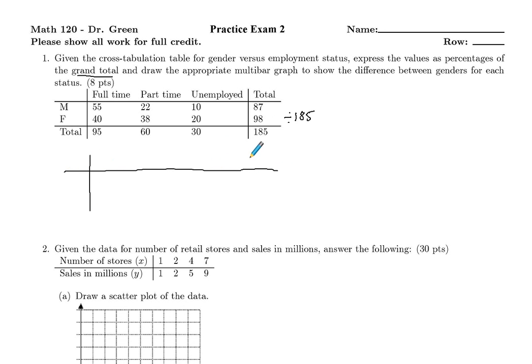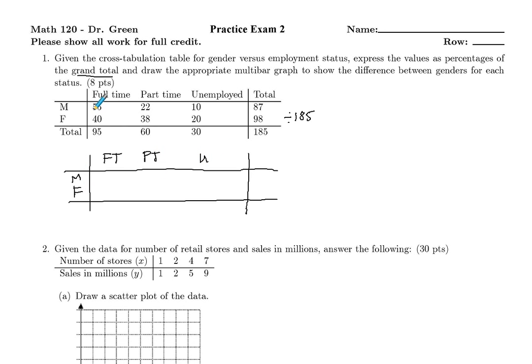And you can round to the nearest percent if you want to. And then we want to keep our row totals and our column totals too. So this is male and female, and then we've got full-time, part-time, and unemployed.